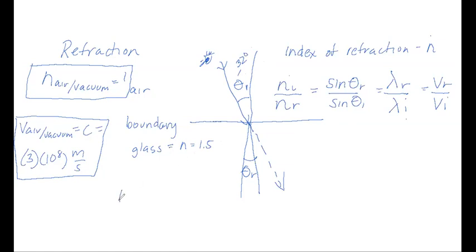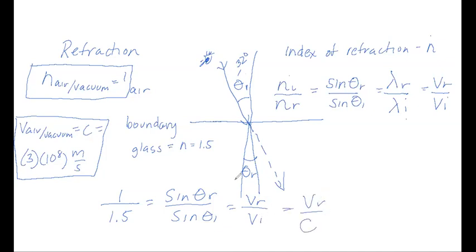So we've got 1 over 1.5, n incident divided by n refraction, equals sine theta refracted over sine theta incident. And that also equals velocity of the refracted over velocity of the incident, or C, equals VR over C. Okay, so I'm going to solve for this first one.